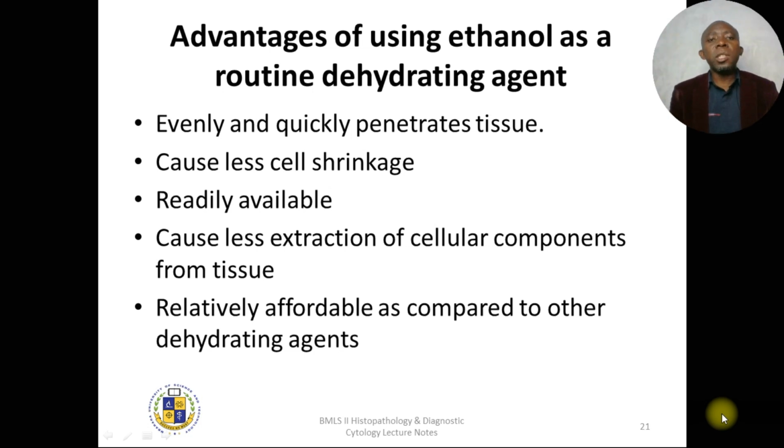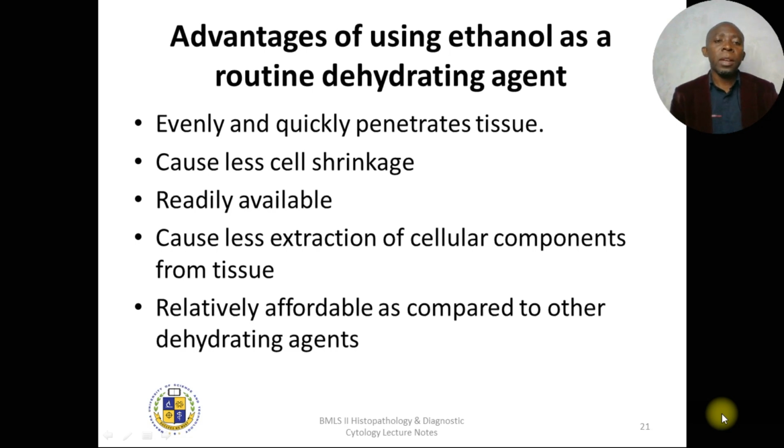Number four, it causes less extraction of cellular components from the tissue. And this is also very important because when we dehydrate, we need not to lose most of the components of interest, for example fats, some lipids. We may not need to lose them. Well, alcohol dissolves some but does not remove them completely. So we need to use a dehydrant which does not render the tissue devoid of some elements of importance that we may need to study.